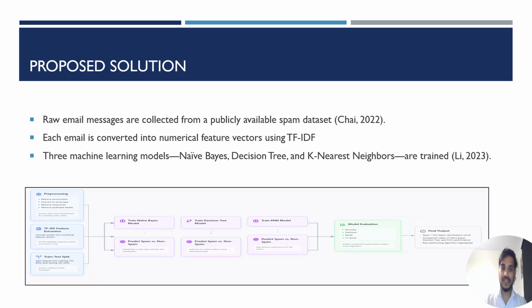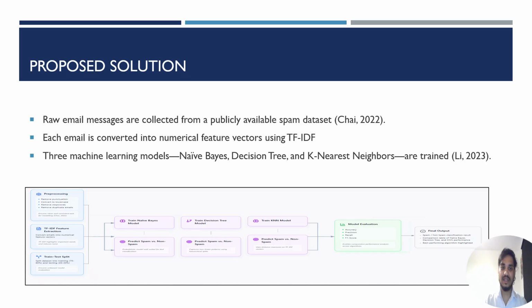The proposed system follows a structured workflow to ensure accurate spam detection. It begins with the data input stage, where raw emails are collected from a reliable spam dataset. After this, the pre-processing stage cleans the text by removing noise, stop words, and inconsistencies.